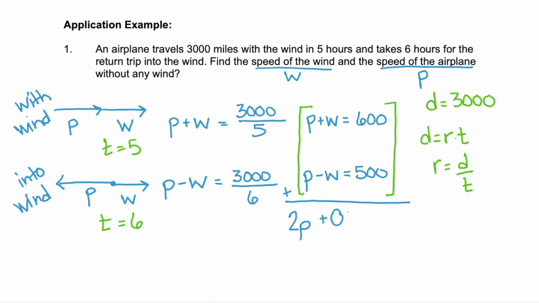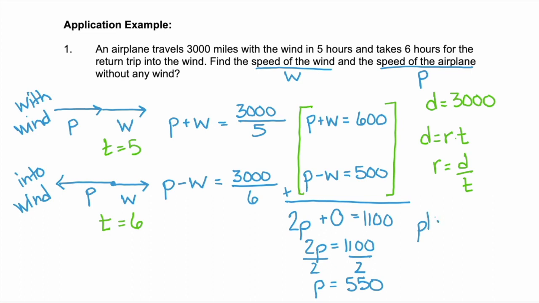The W gets eliminated. And then 600 plus 500 is 1100. So we have 2P equals 1100. Divide by 2, and we know that P equals 550.